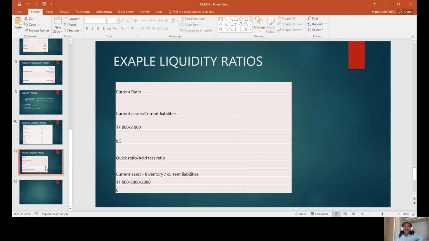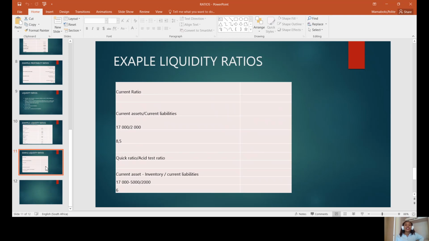It means that our current assets are 8.5 times the current liabilities, and we'll be able to pay them when they become due. Again, you need to compare it to entities of a similar industry or the previous year's financial results or ratios to see if we're improving, if we're doing well.